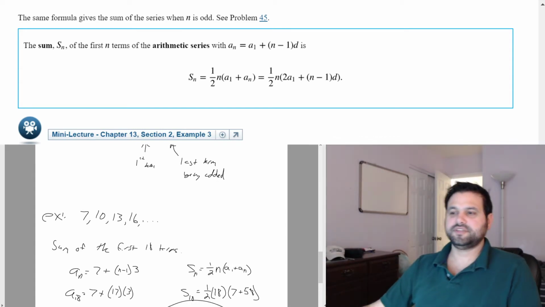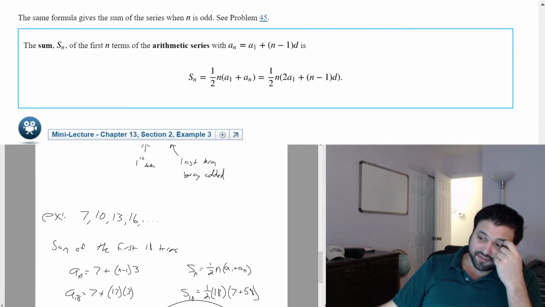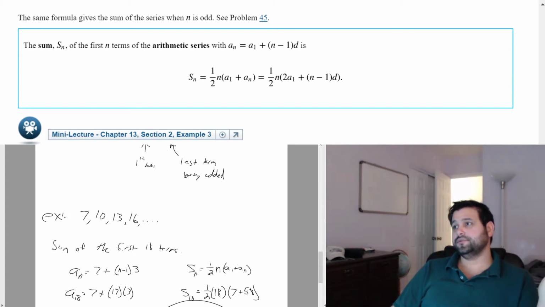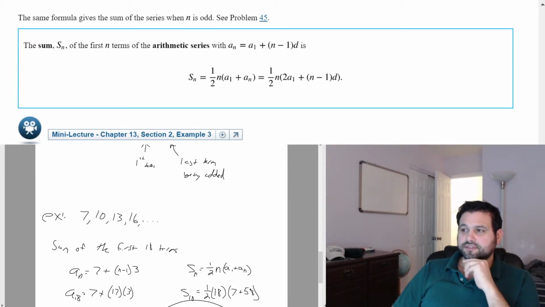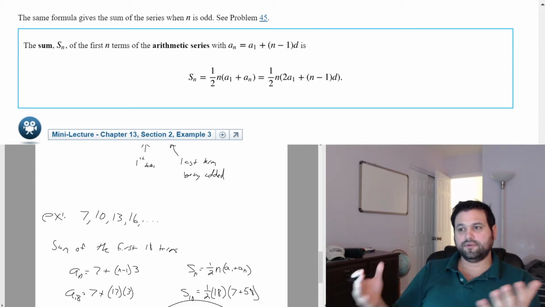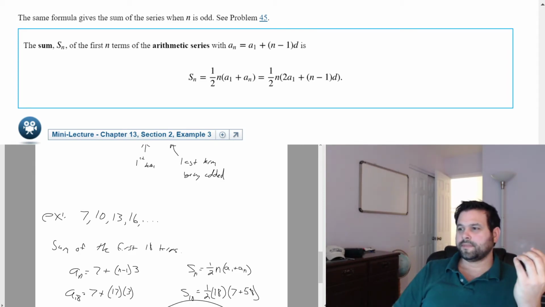So the sum of the first 18 terms is 585. And so essentially that's how we use the arithmetic series.